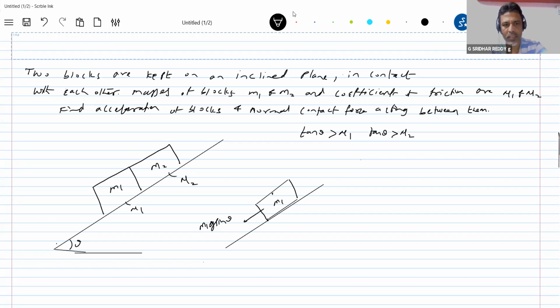The second block will push on it, so let me show that. The reaction, let me call R. And the friction here will be F1. The normal contact is N1, and this is M1G cos theta.